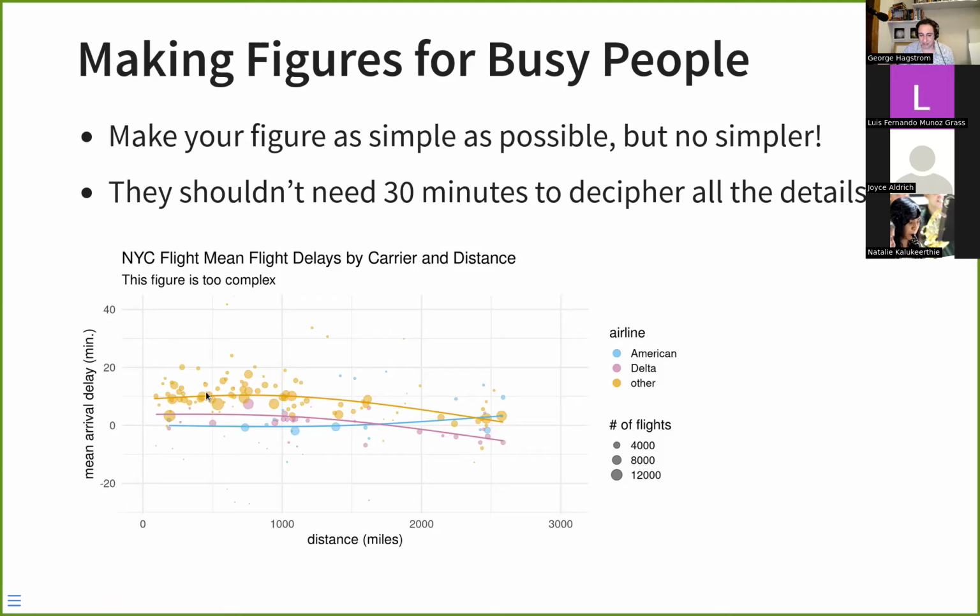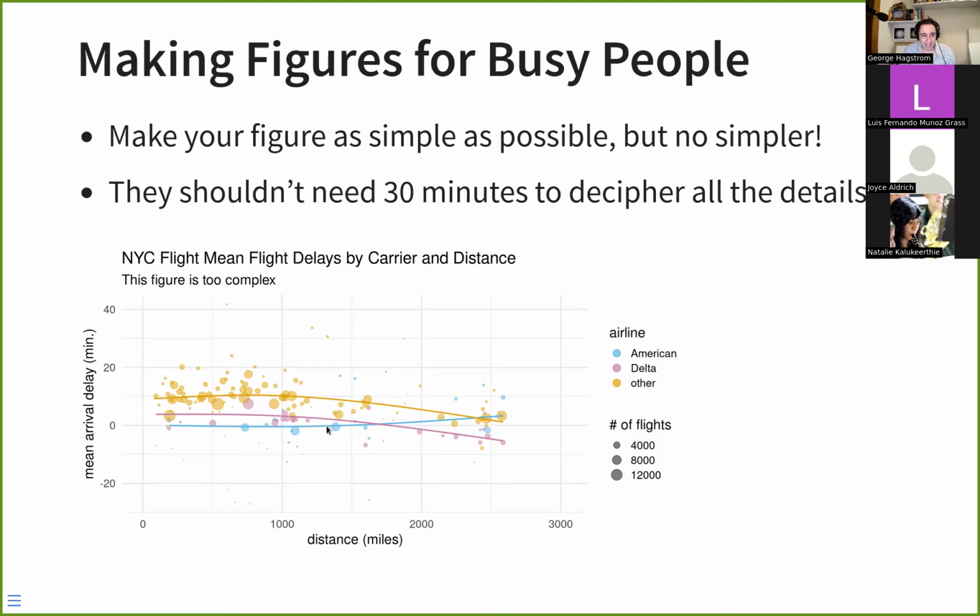We have colors that correspond to American, Delta, and other airlines. The x-axis is the distance of the flight in miles. The circles stand for how many flights there were that corresponded to that distance, so basically, how many flights between those airports.